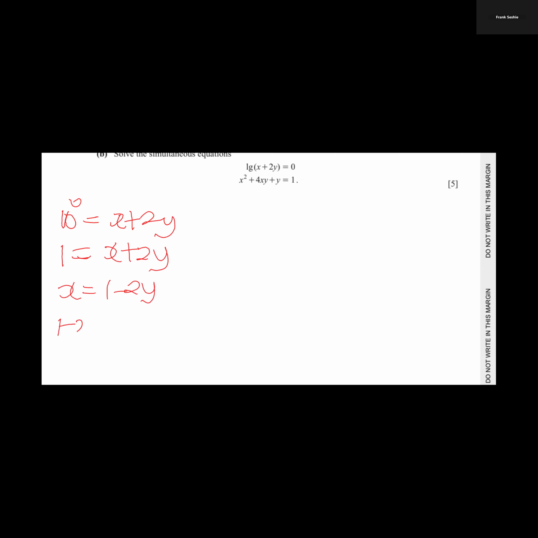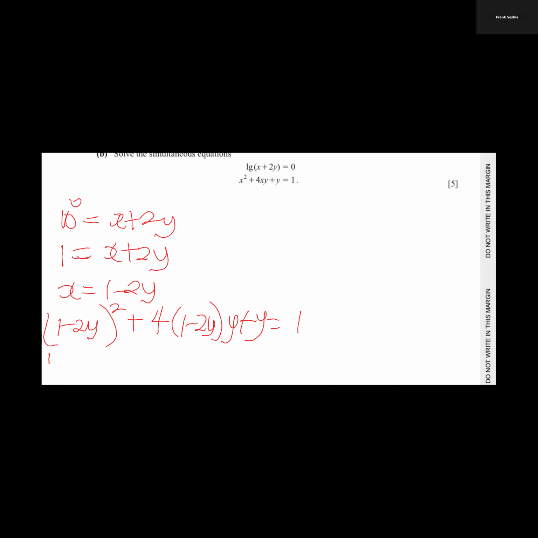1 minus 2y squared plus 4 times 1 minus 2y times y plus y is equal to 1. And we are going to expand this.